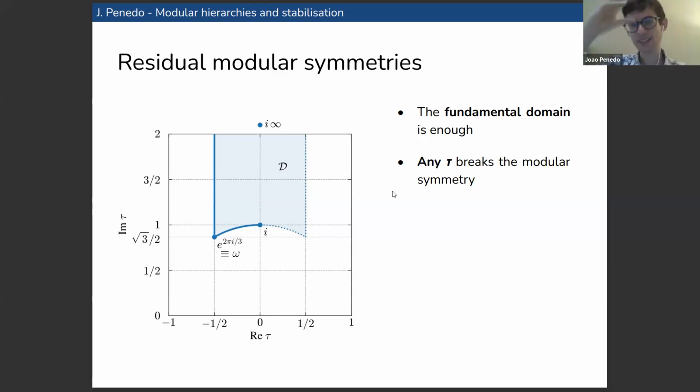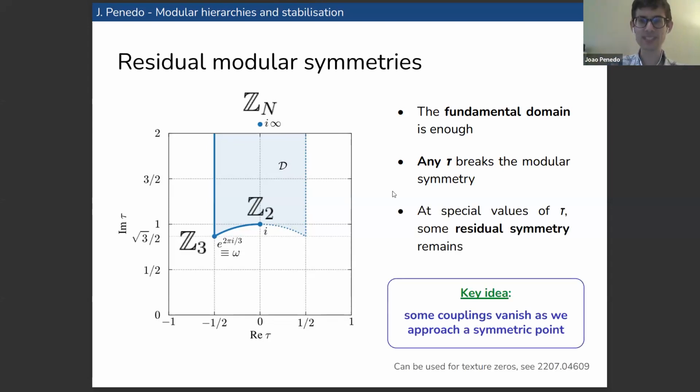But the point is, any value of tau breaks the modular symmetry, except that at specific values of tau you don't break the modular symmetry completely. You still retain some residual symmetry.